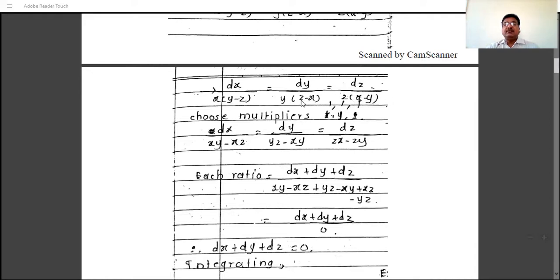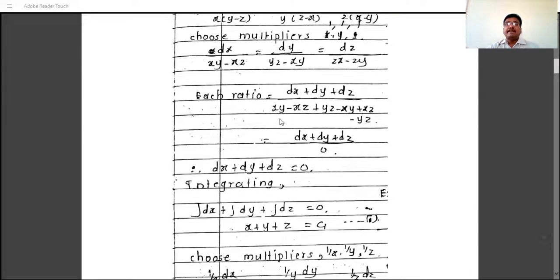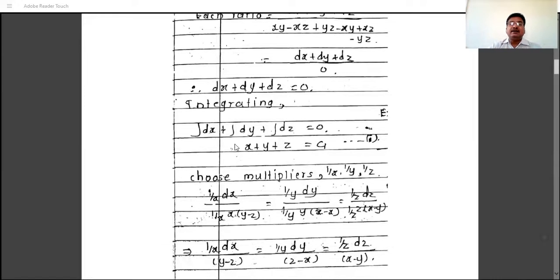That is xy minus xz plus yz minus xy plus zx minus zy. The addition of these six terms is 0, and therefore we have dx plus dy plus dz divided by 0, which means dx plus dy plus dz is equal to 0, and then integrate.